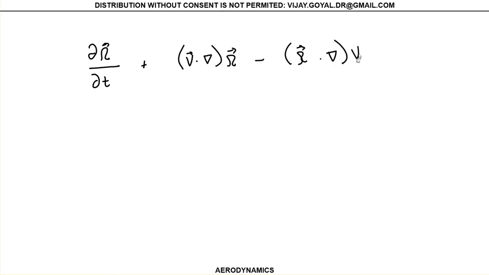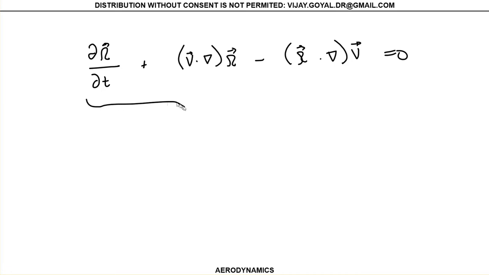So now you have the partial of omega with respect to time plus v dot the gradient of omega, minus omega dot the gradient of v, equal to zero.